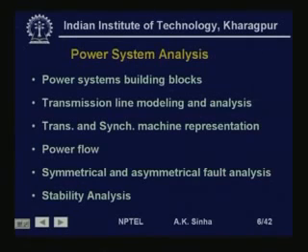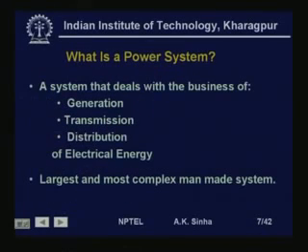We will start first with what a power system is, that is, we will try to provide an overview of the power system in this lesson. So what is a power system? Well, a very broad definition of a power system can be given as a system that deals with the business of generation, transmission and distribution of electrical energy.